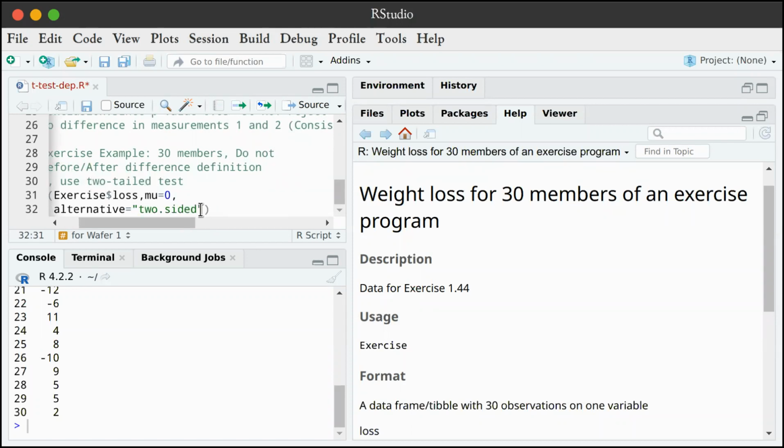The rest of the parameters in t-test are fixed values, default values. The confidence level is 0.95, which would mean alpha is 0.05.